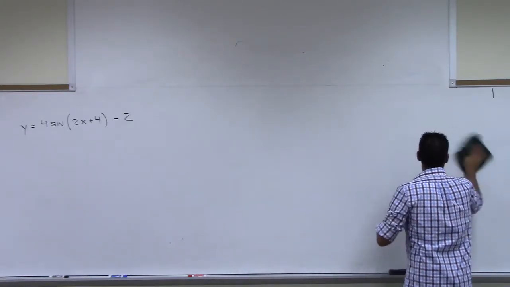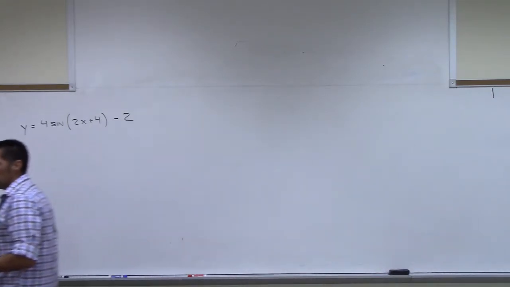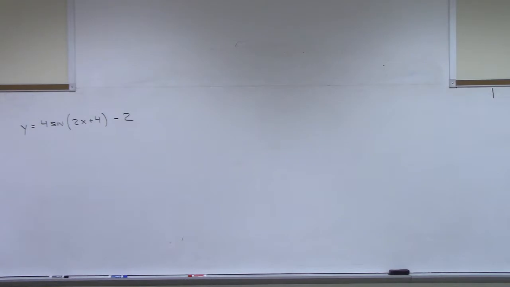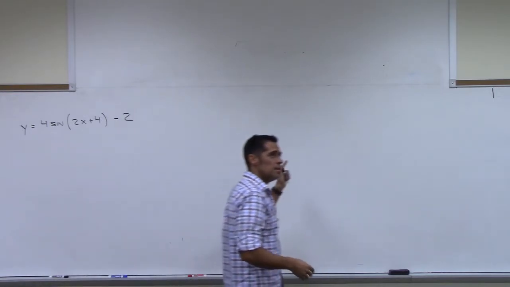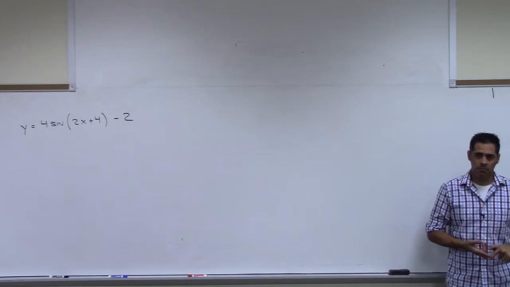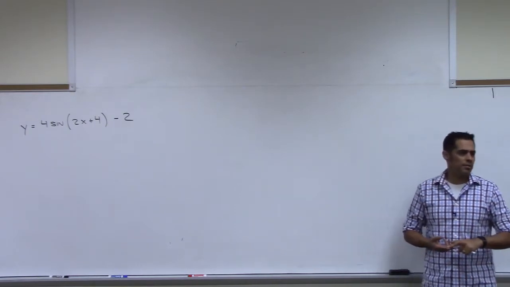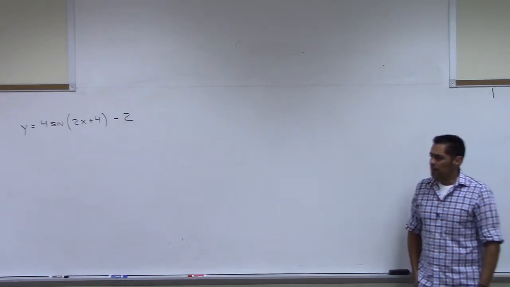Let's also throw 2 more things in here: amplitude, period, and phase shift. Let's identify all of them. So graph this, 2 periods, domain, range, amplitude, phase shift, and period. That means you're going to need to remember the formulas for amplitude, period, and phase shift.